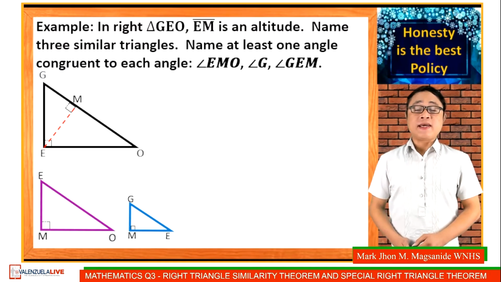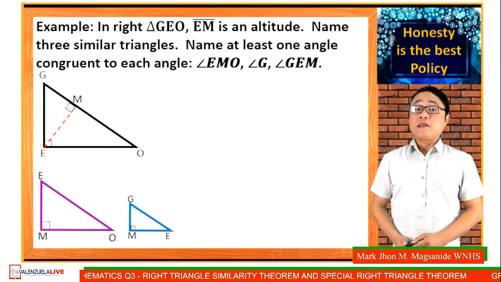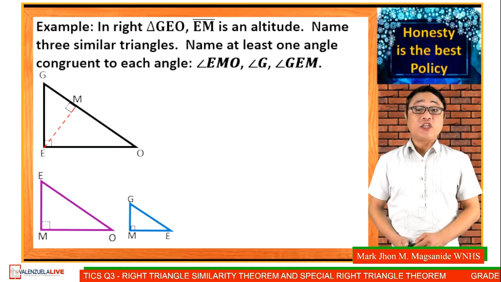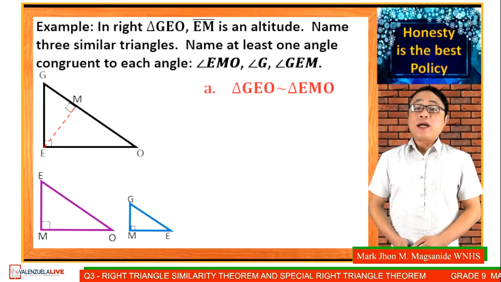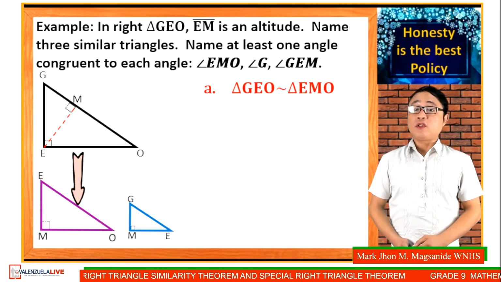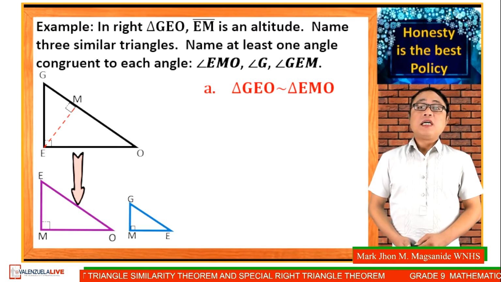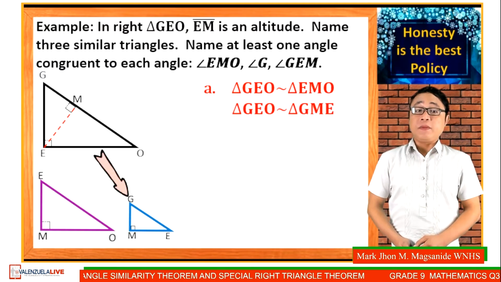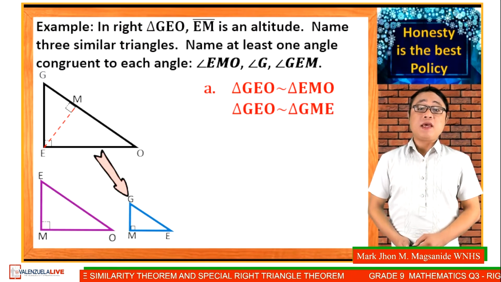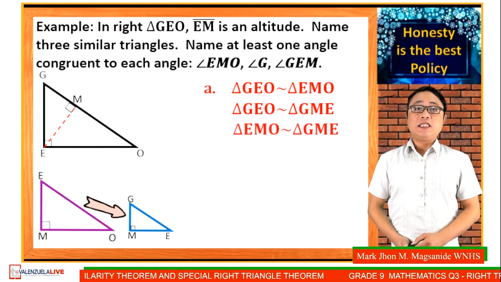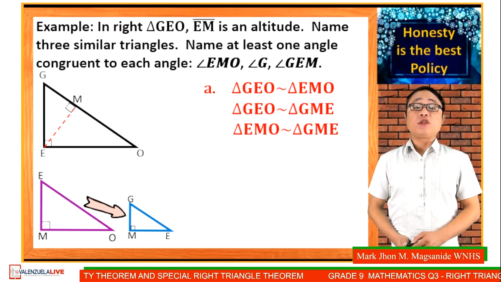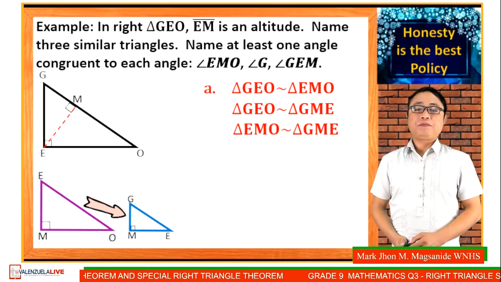By right triangle similarity theorem, the three triangles are similar to each other. Hence, triangle GEO is similar to triangle EMO, triangle GEO is similar to triangle GME, and triangle EMO is similar to triangle GME.